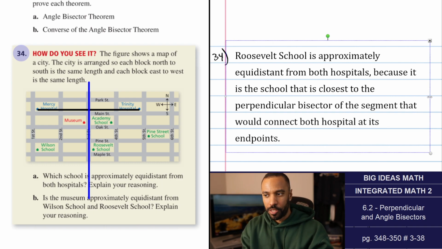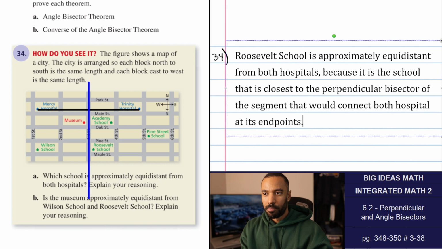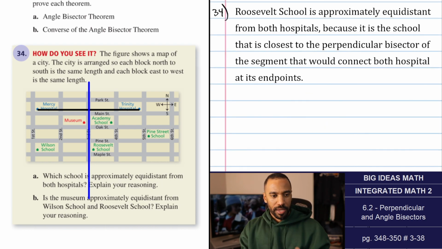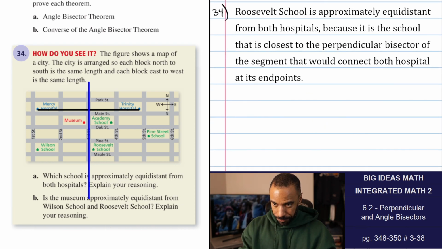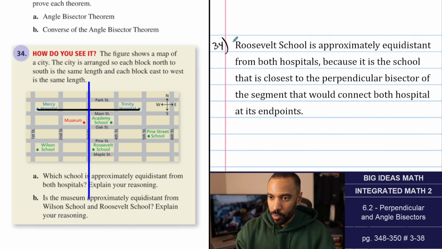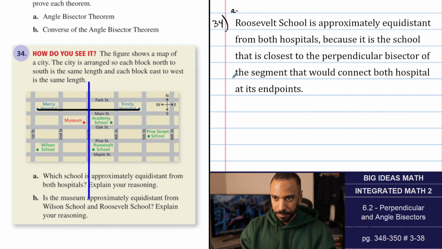If that makes sense. Hopefully the drawing made sense. My description describes the drawing. Okay, that's A. All right, B.